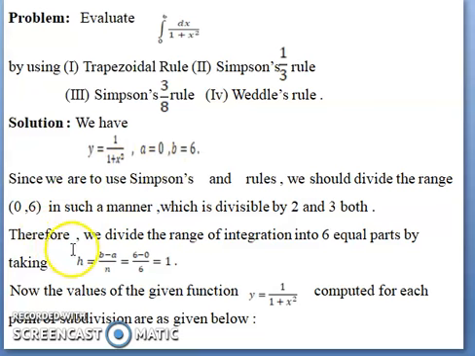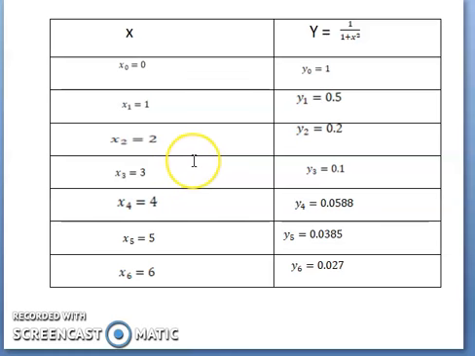Now find the value of h. h is b minus a divided by n, so this is 6 minus 0 divided by 6, that is 1. Now compute this function at subdivisions as given below. This is the tabulation of the function.